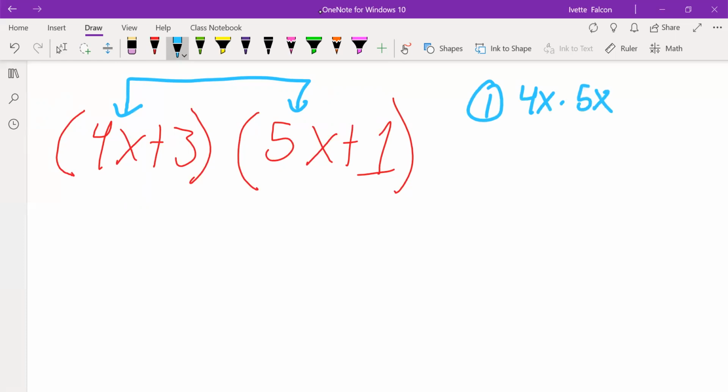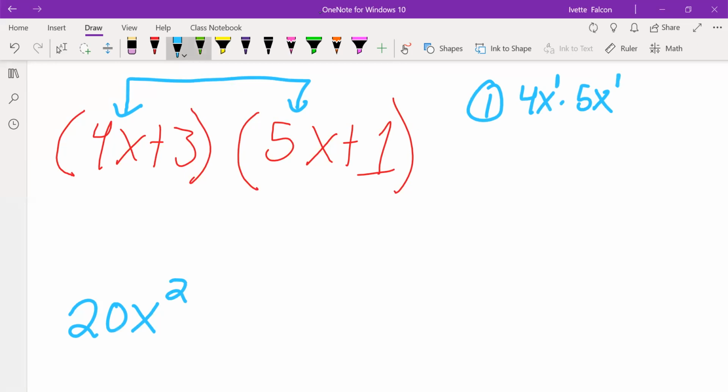So 4 times 5, that's going to be 20. Then they both have in common the letter x, so we're going to go ahead and copy the letter x. And our last step when we're multiplying these is don't forget to add your exponents. I know you cannot see them, but remember, if you cannot see them, it's because it's the number 1. So you have exponents of 1. So 1 plus 1, that's going to give us 2.